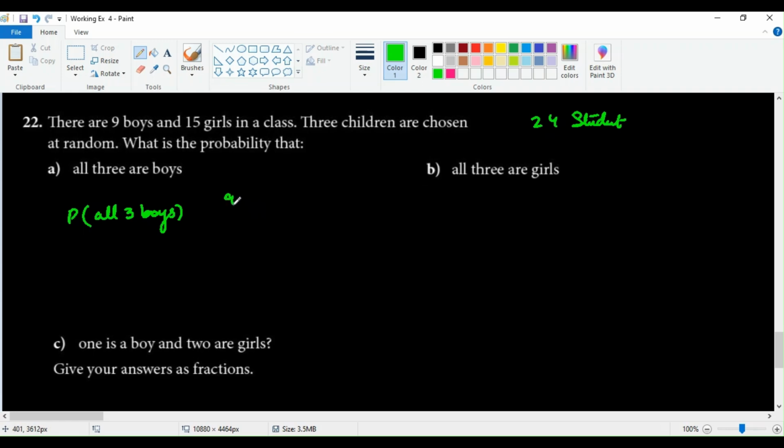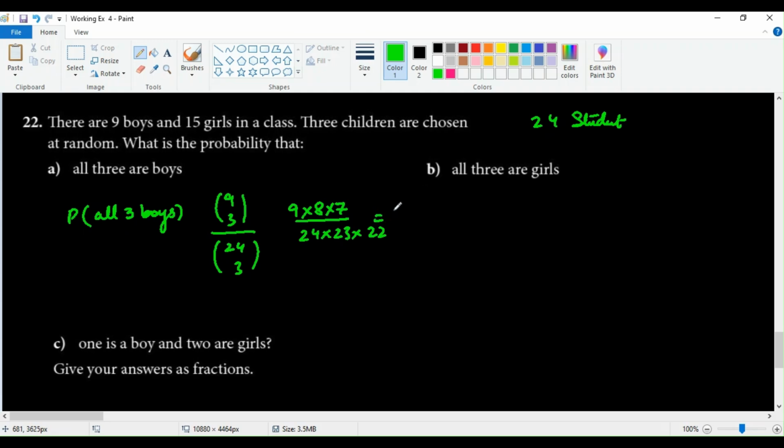is 9C3 divided by 24C3. This is going to be the combination formula. And in here I have 9, 8 and 7 divided by 24, 23 and 22.